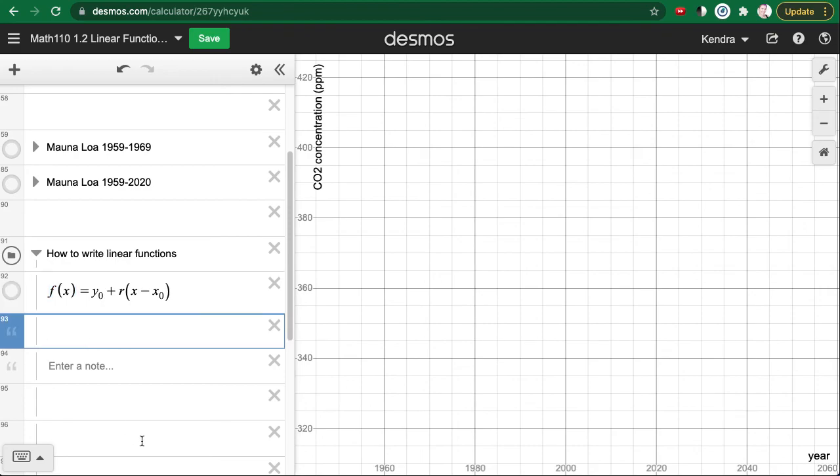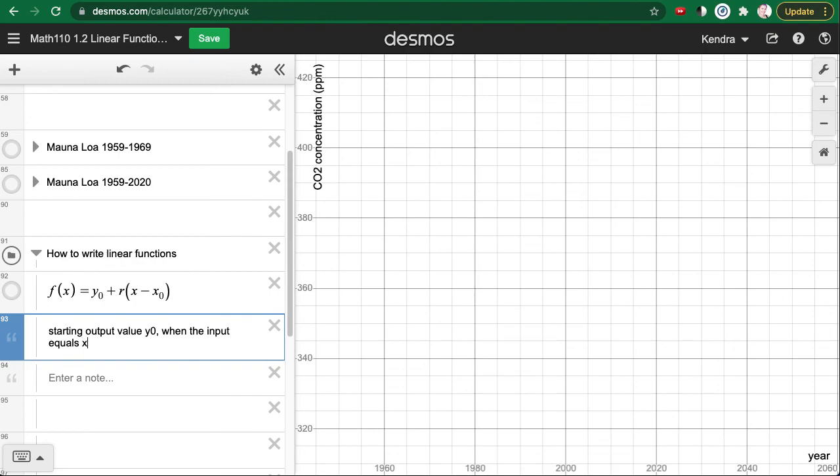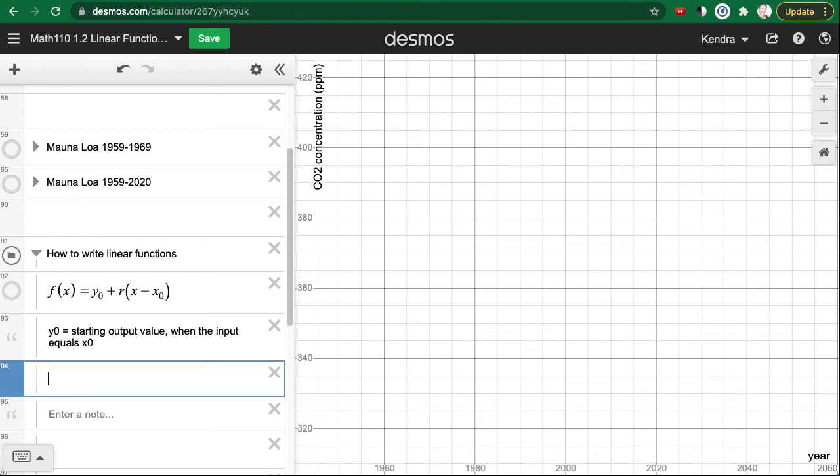We have this starting output value, y0, when the input equals x0. So let's say y0 equals the starting output value when the input equals x0.